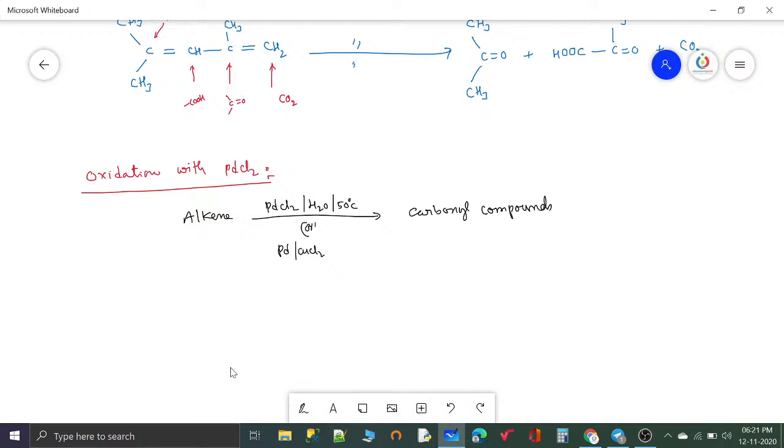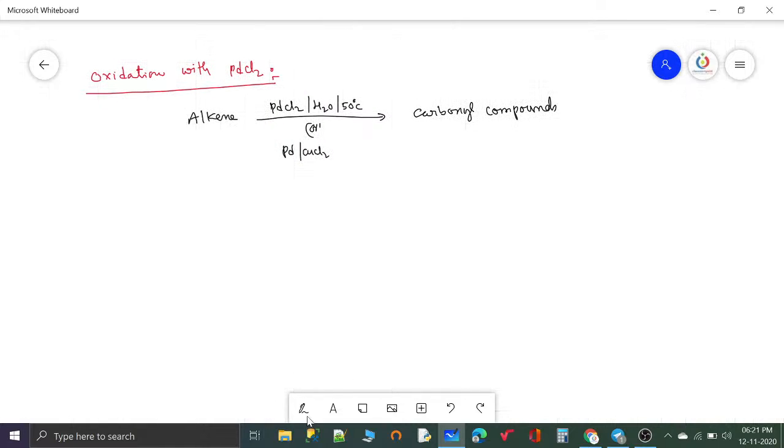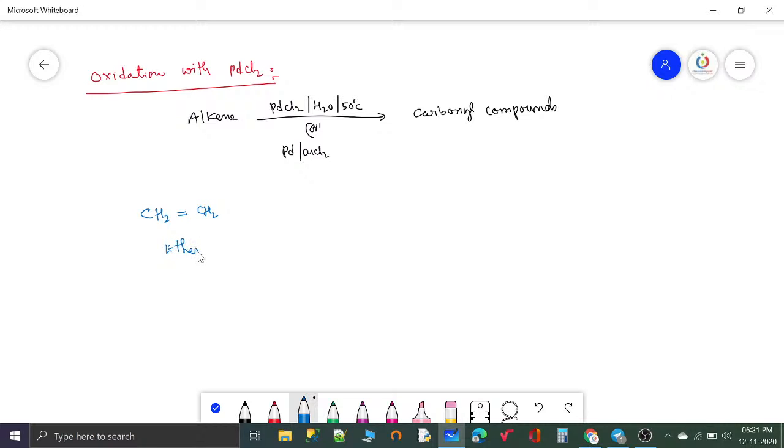So let us see some examples here also. You just take the ethene molecule. This ethene molecule, when subjected to palladium chloride and H2O, will be converted to the aldehyde CH3CHO. But if you take CH3CH double bond CH2 with the same reagent, it gives the ketone.